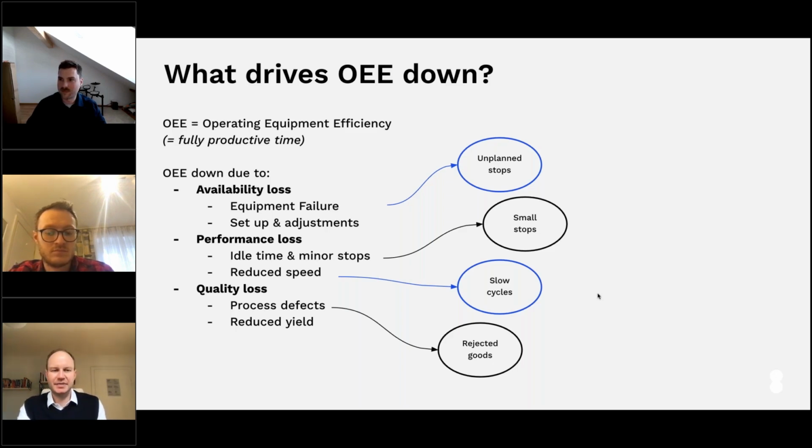One is simply a loss in availability because some part of the plant stops. It's a loss in performance, which means either it's going at limited speed, or you have some kind of unnecessary breaks, or you have a loss in quality, which then means defects or a reduction in yield.